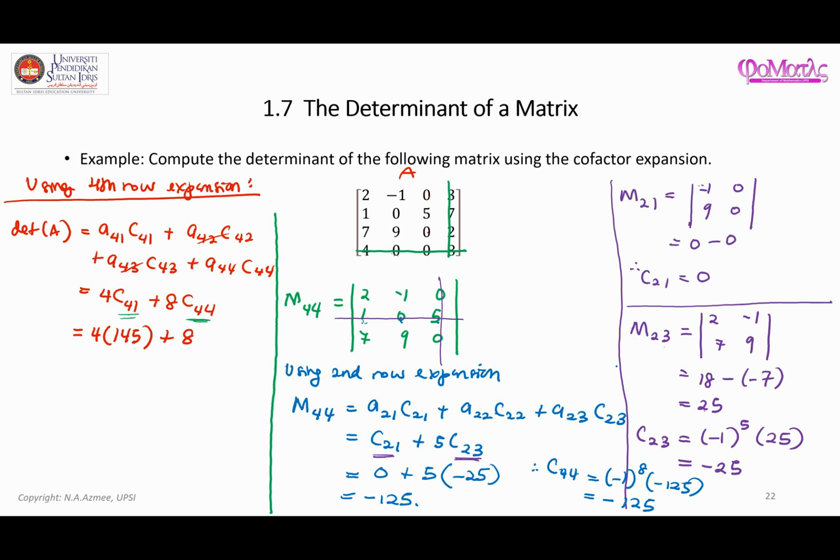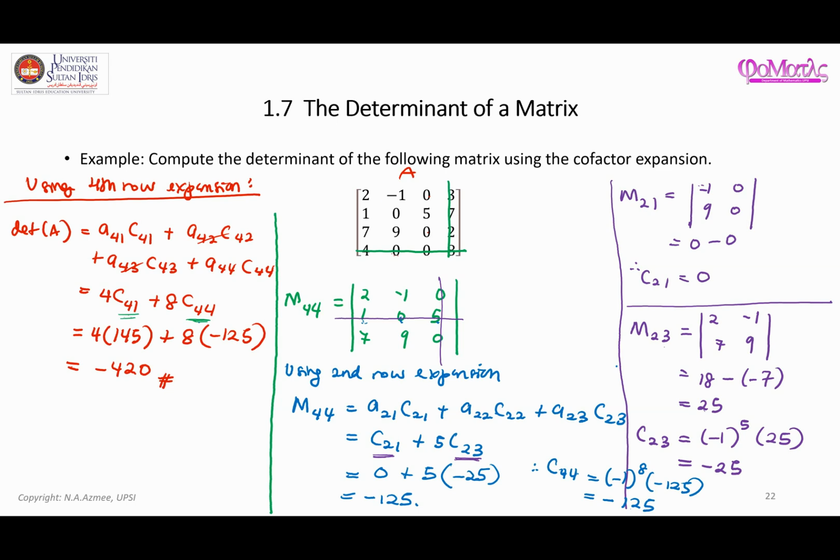Okay, and plug in this result at this position. So here we have 8. C44 is -125, and if you punch in these values into your calculator, you will get the result as -422. So this is the determinant of the 4 by 4 matrix given here.